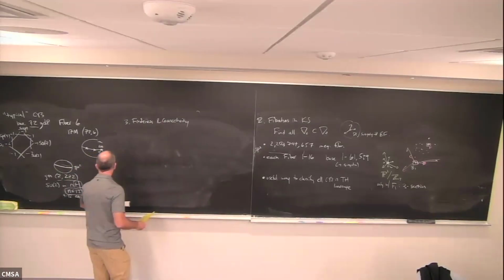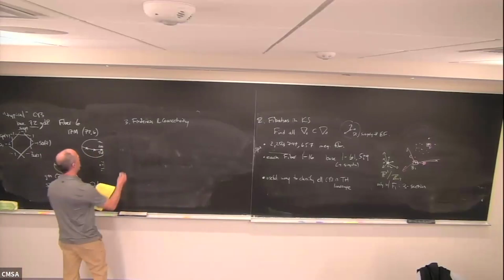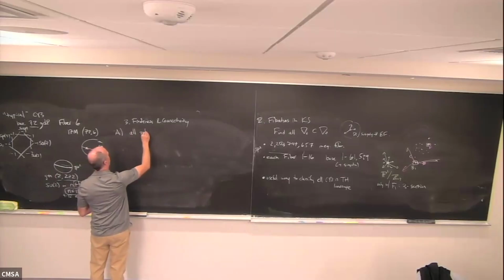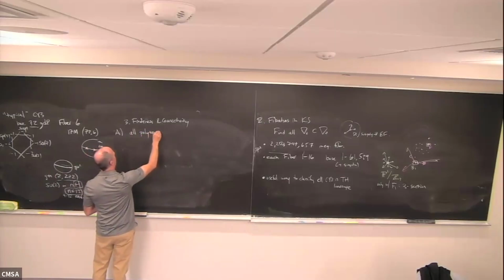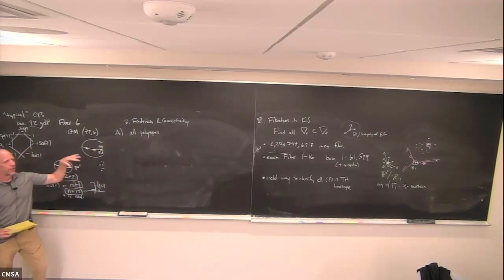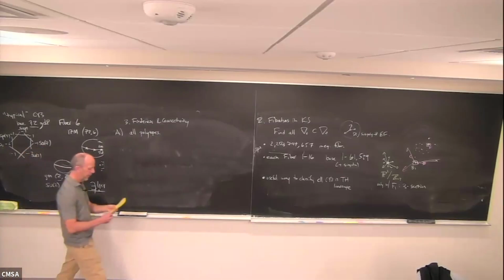So first of all, we have only been considering reflexive polytopes. We can consider a bigger set of polytopes, which includes the condition that the dual polytope have the origin as an interior point, but drops the condition that it has to be a lattice polytope.